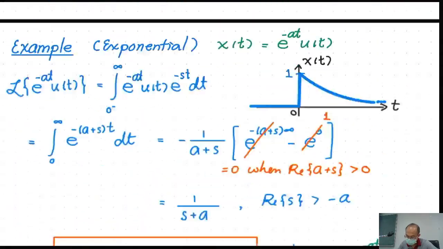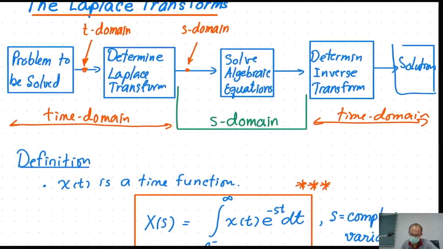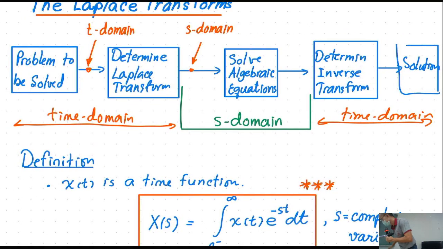I think we should probably go back to our diagram here. So what we did was, again, we were given this problem, which is typically in the time domain, right? For example, in the last example, we were given a differential equation in the time domain.